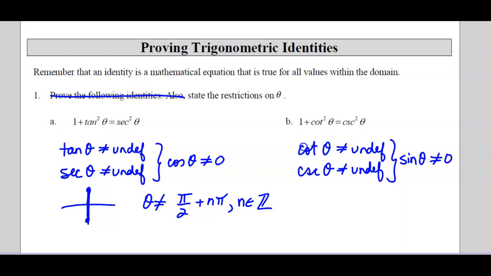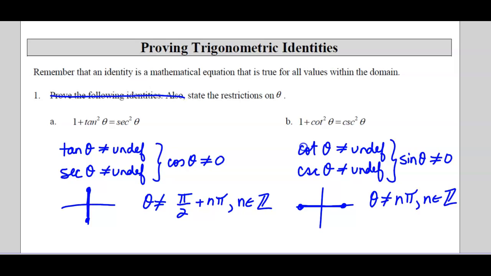You don't have to do that. That's just the way I think about it. I convert it back to my primary ratios, right? So then sine is 0 at here and here. So that's multiples of pi. So theta cannot equal multiples of pi. Okay. So those are the restrictions.